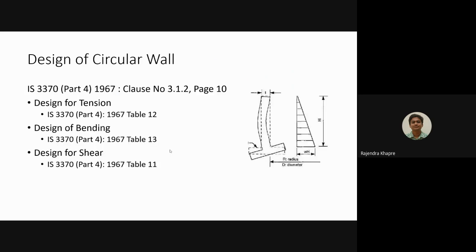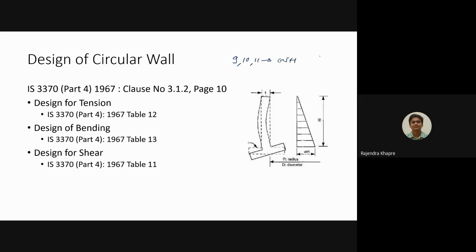How can we see this? As far as this cylindrical wall of clariflocculator is concerned, we have to use different tables. We have to use table number 12, 13 and 11. If you remember, we used table number 9, table number 10 and table number 11 for GSR.